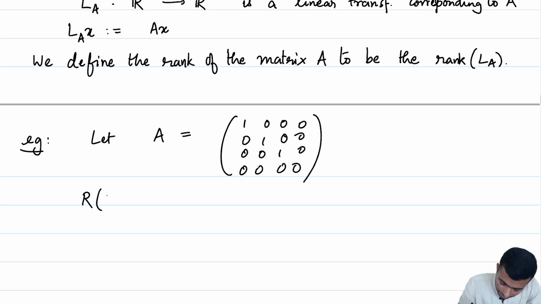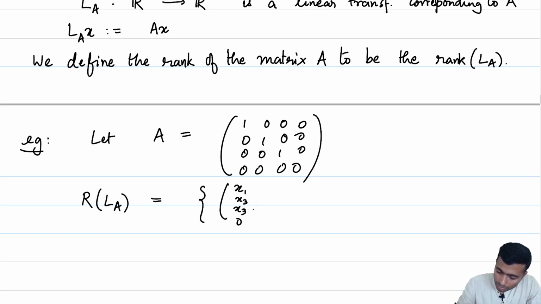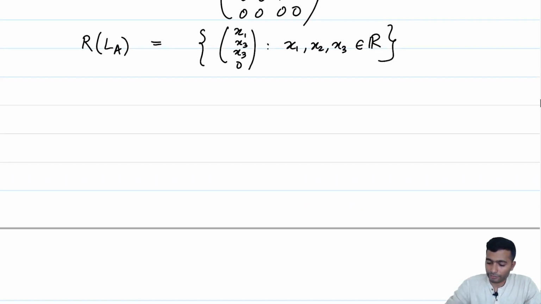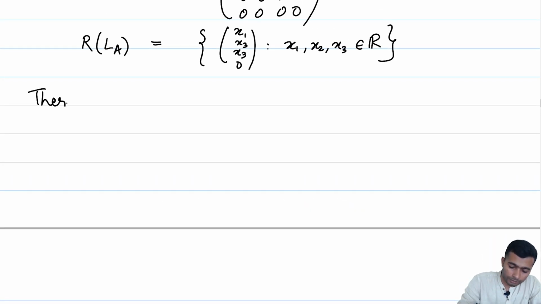I will leave it as a check for you to notice that this is nothing but the set of all (x1, x2, x3, 0), where x1, x2, x3 are real numbers. And therefore, the rank of A is equal to 3.